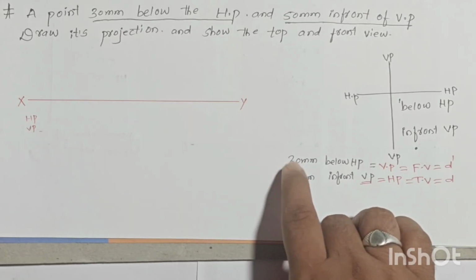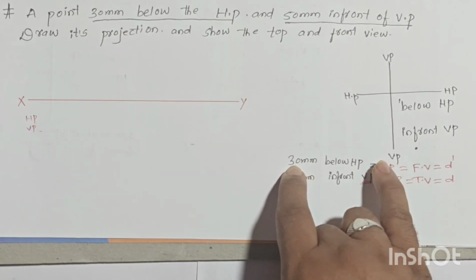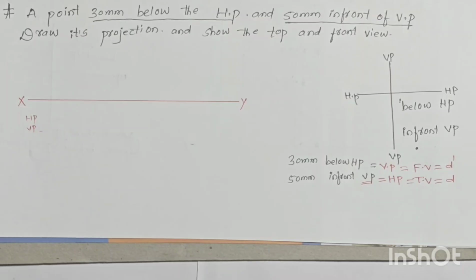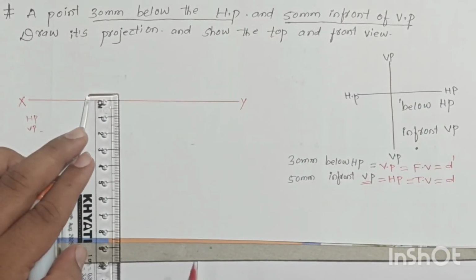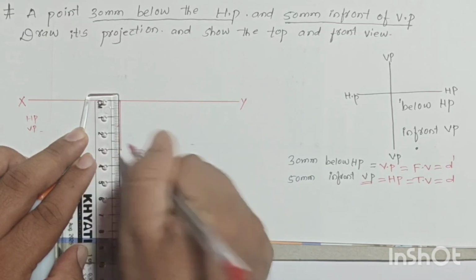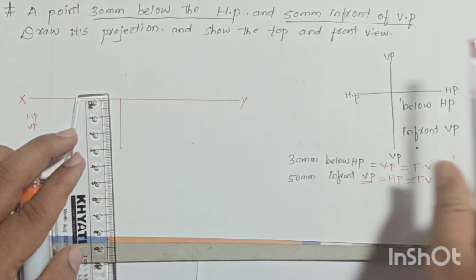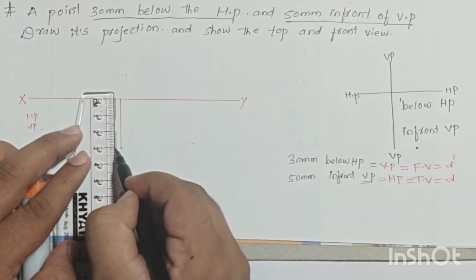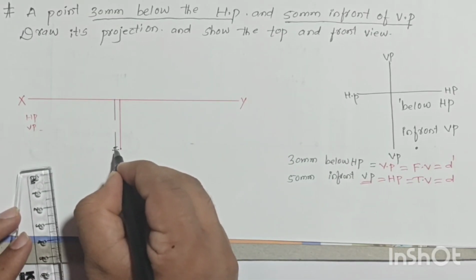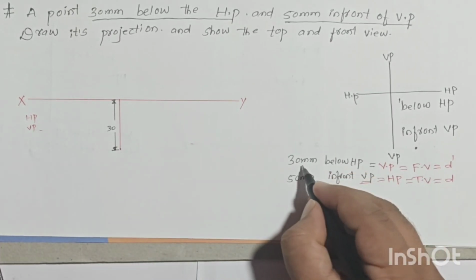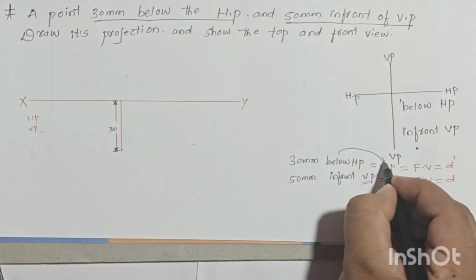Which is the smallest value? 30 mm is the smallest value. 30 mm, where is it resting, dear? Resting on the vertical plane. So from this reference line, we need to measure a length of 30 millimeter. Meanwhile, show the dimension.